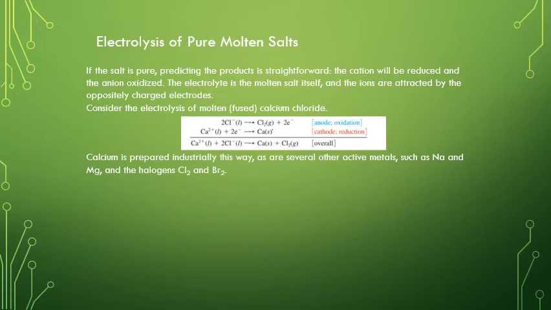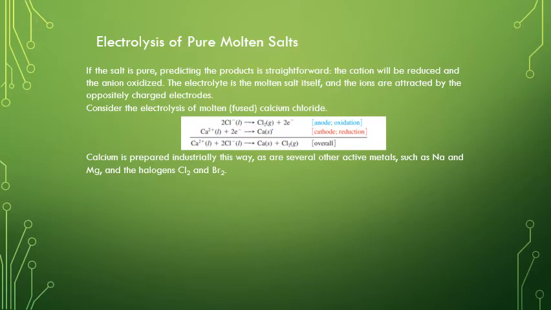The electrolyte is the molten salt itself, and the ions are attracted by the oppositely charged electrodes placed into the liquid. If we consider the electrolysis of molten calcium chloride, you can see that the chloride ions as a liquid go to chlorine gas plus 2 electrons. So the anion is undergoing oxidation, and the calcium ions as a liquid plus 2 electrons form calcium as a solid.